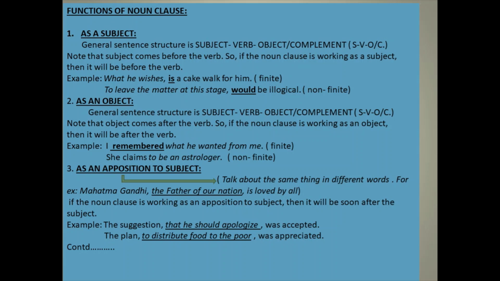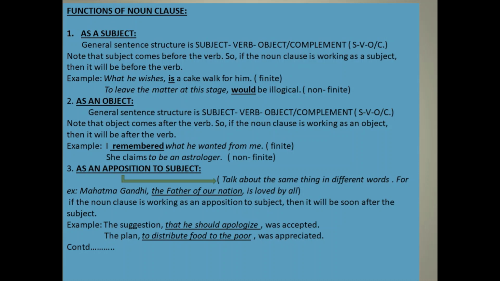So when we are using a group of words to talk about the same thing but in different words, it becomes the apposition to the subject. Here we are using the group of words to talk about the subject. And who's the subject here? Mahatma Gandhi.